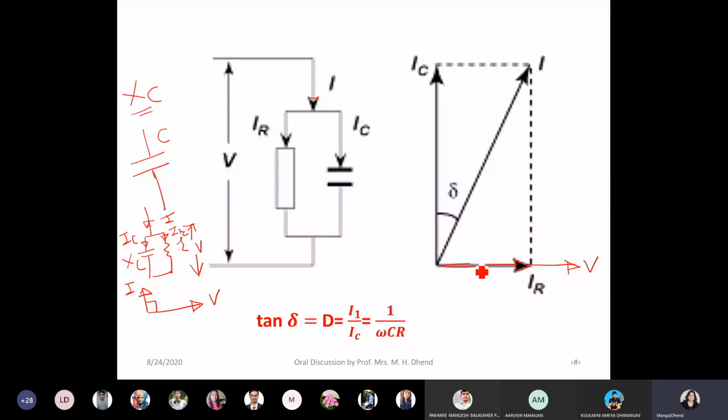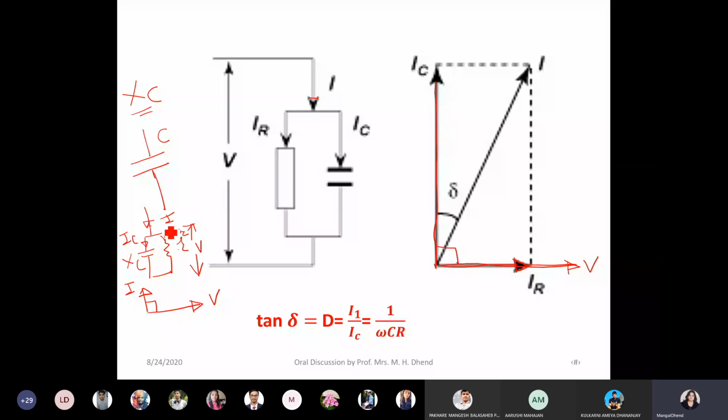So the current through the resistive component of the capacitor will be in phase with the voltage. Now where will IC, the current through the capacitive reactance, be? IC will lead the voltage by exactly 90 degrees.